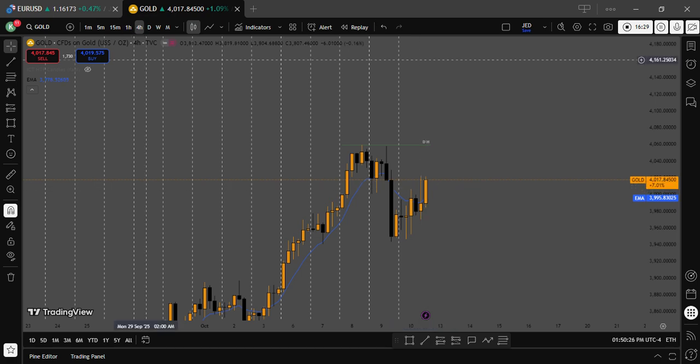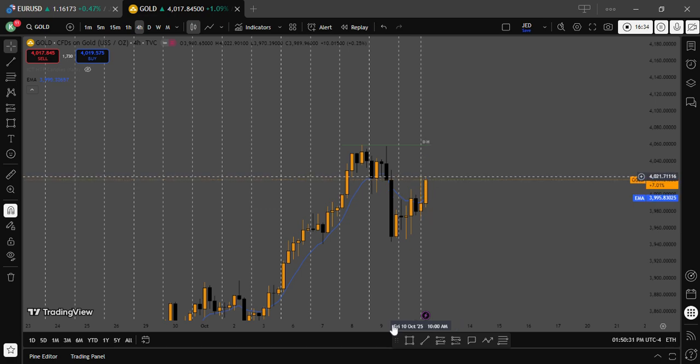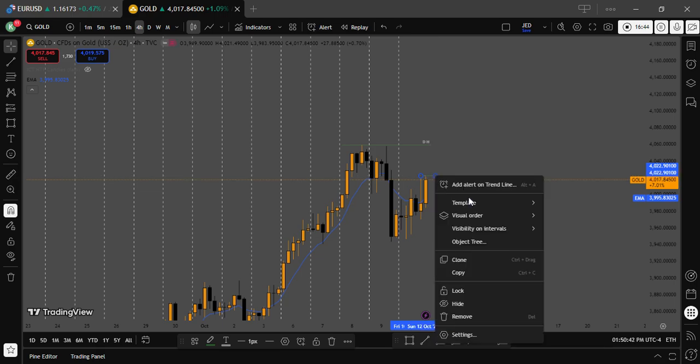So what I would do is wait for price. This particular high here, if it's possible, price can take it.